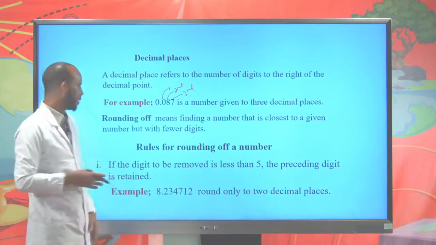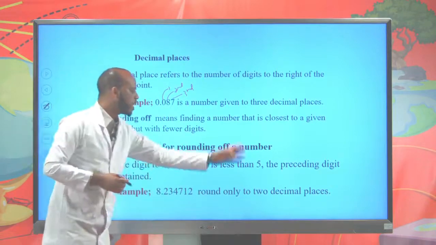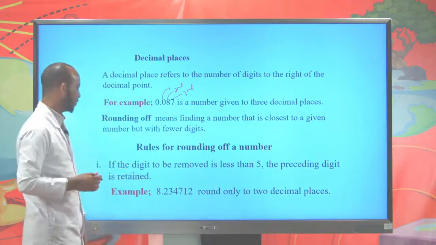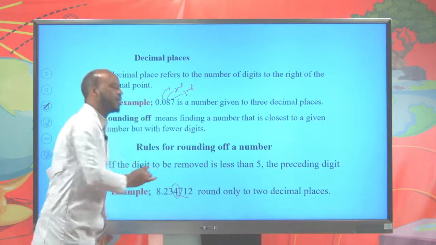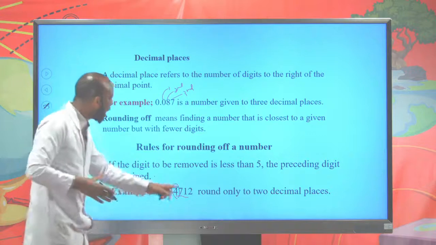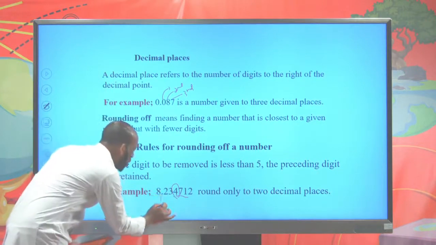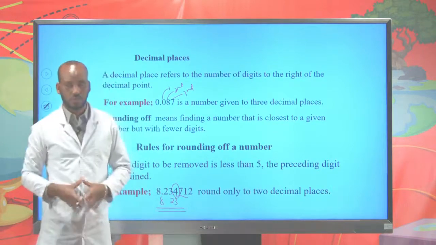For example, 8.234712, round only to 2 decimal places. Now the number to be removed starts from 4. This is less than 5. Now the preceding digit is retained. Therefore, this number is reported as 8.23 to 2 decimal places.